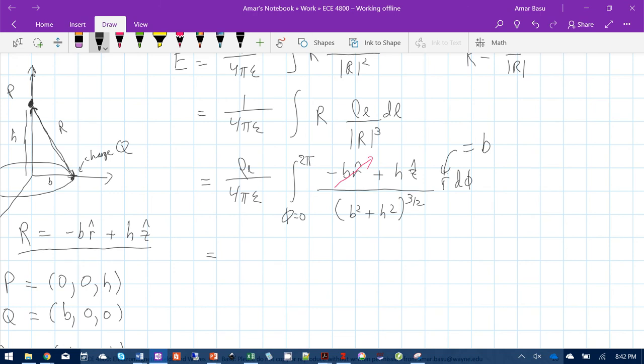And this r cubed term, the magnitude of r is equal to the square root of b squared plus h squared, which is b squared plus h squared to the 1/2. And we're cubing that. That's why we get 3/2 in the denominator. And then finally, like we said, that r hat term is going to 0. There's only going to be a field in the z direction, so we're not even going to bother calculating that.